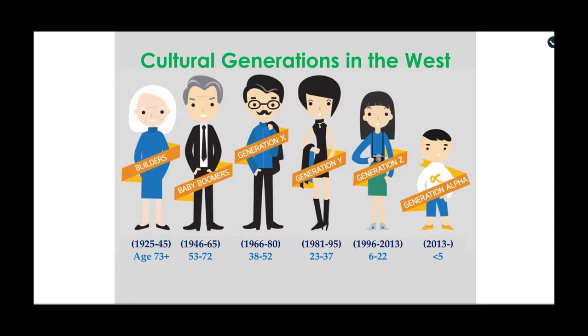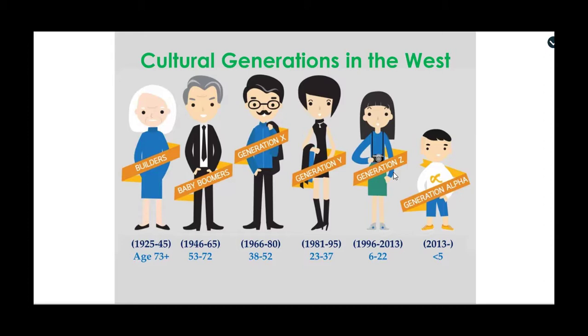If you look at this picture carefully, you will understand that there are several generations and each generation has its own features, and their characteristics were shaped by what happened in those decades, in those years of their lifetime. So if you look at the range of birth years for Generation Z, you can guess what happened in those years.